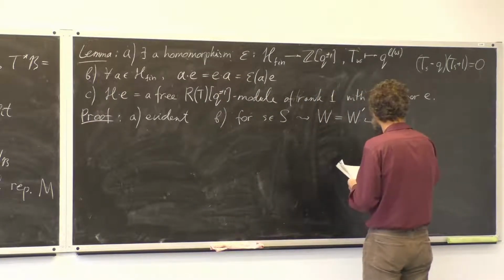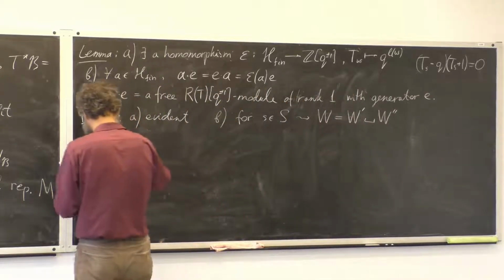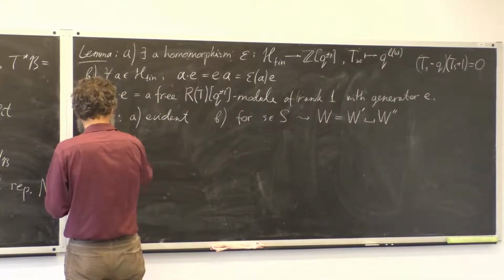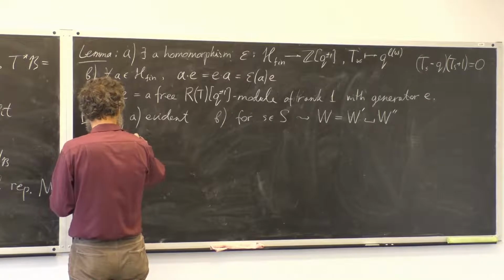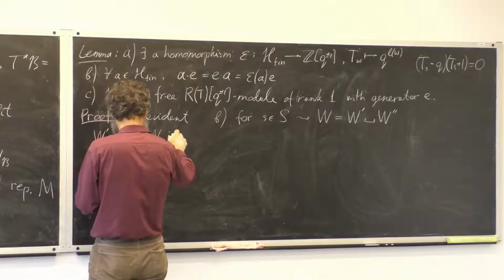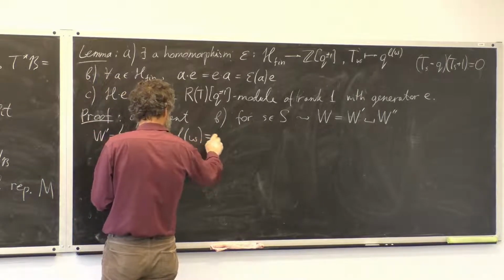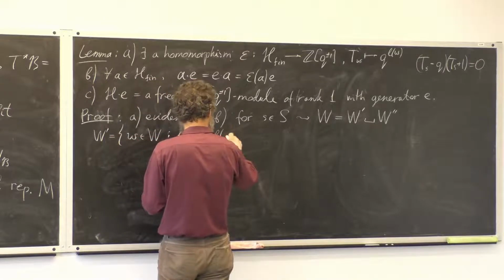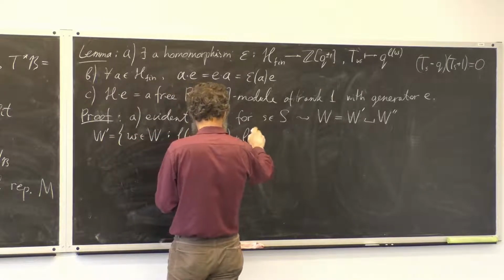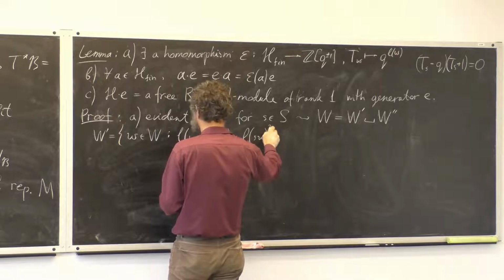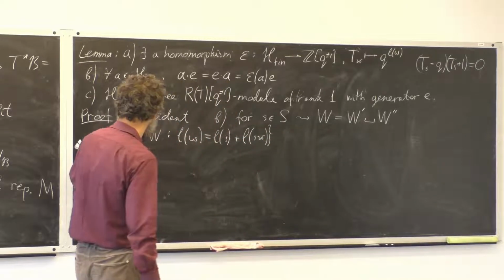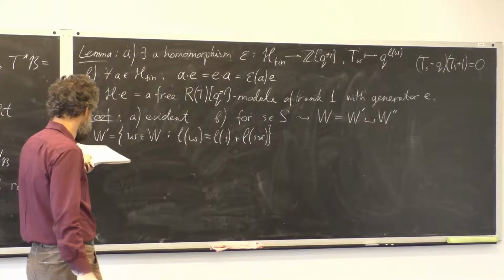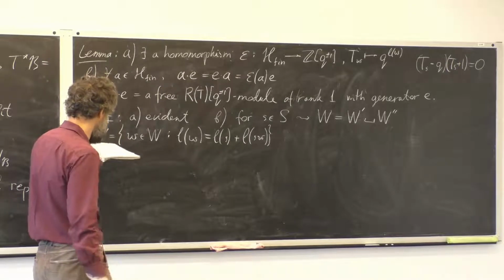So here W prime are the long representatives. And the W double prime is the set of short representatives.